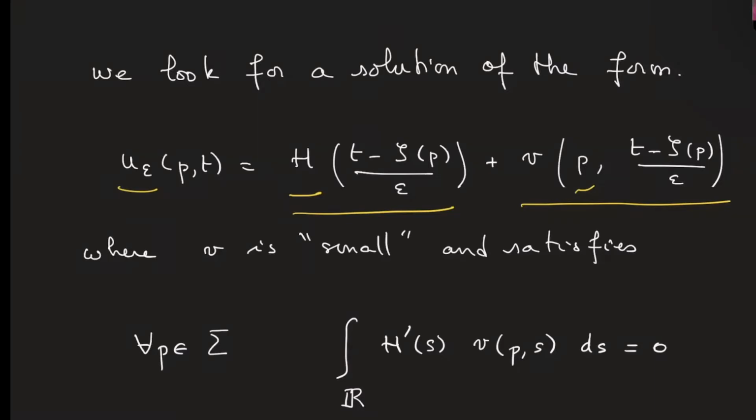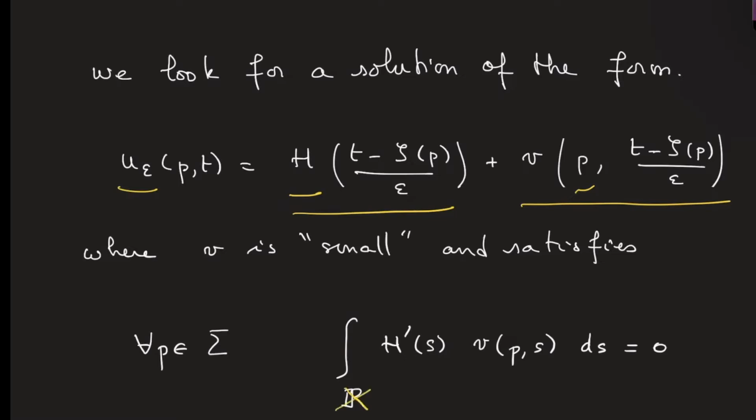And to recover exactly the right space of functions, what you have to impose is some orthogonality condition on the function v. And you are going to impose that at any point of sigma, if you integrate the function v and then multiply by h prime, then this is equal to 0. So here I cheat a bit.